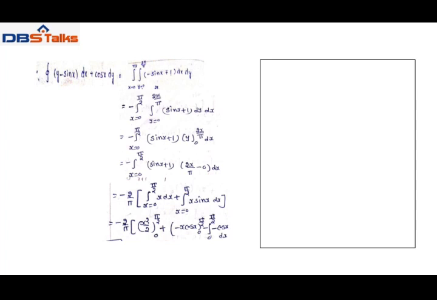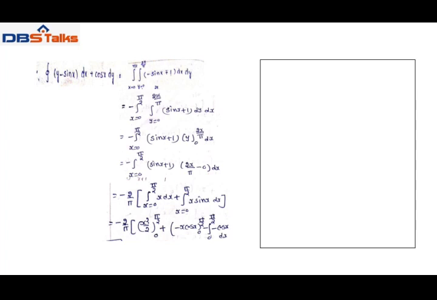Now, integrate with respect to y, we get minus integral x equal to 0 to pi by 2 of (sin x plus 1), which is a constant with respect to y, dy; integration is y with the limits 0 to 2x by pi. That equal minus integral x equal to 0 to pi by 2 of (sin x plus 1) into, now substitute upper limit 2x by pi minus lower limit 0, dx.